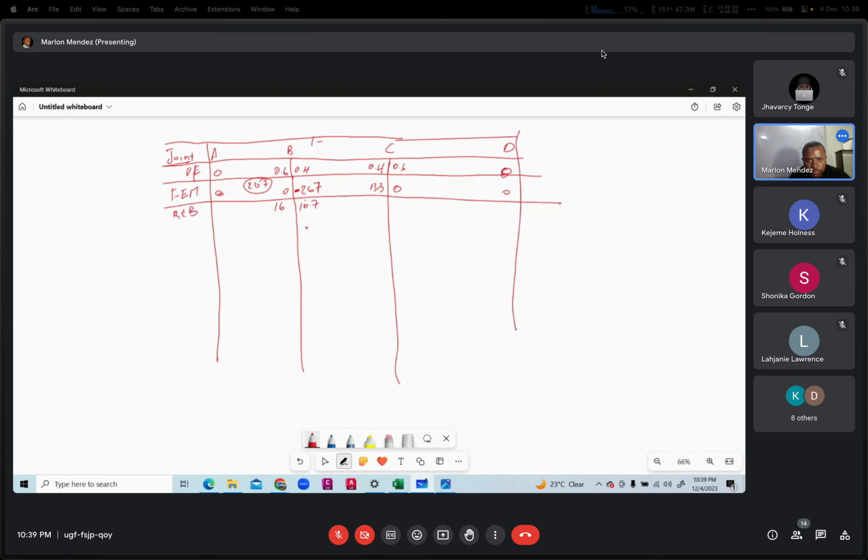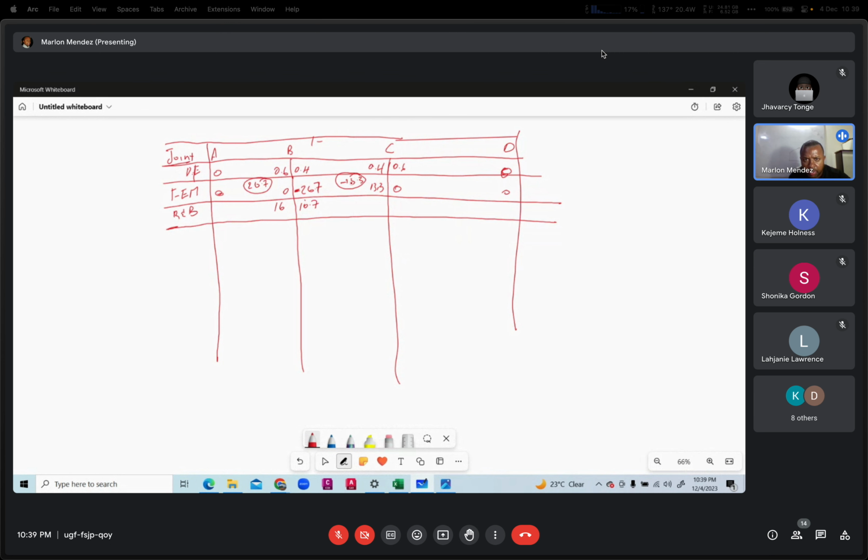Let me just draw a line here to do a carry over. This effect is a positive. So when you release this, in order to keep it in equilibrium, you have to apply a negative 1.3. So that is what we're going to distribute.